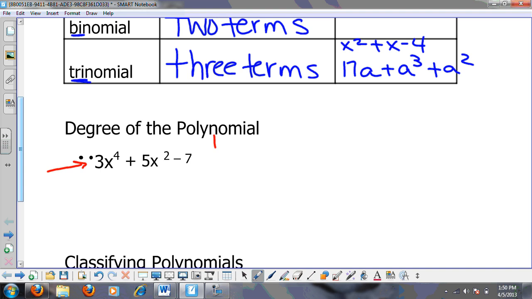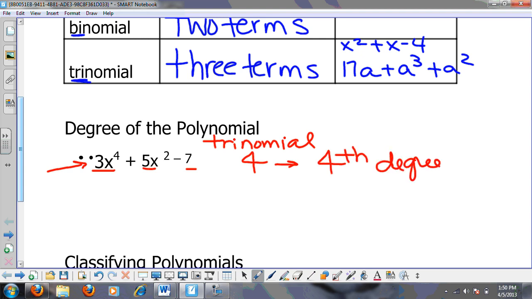This is a trinomial because it has 3 parts: 3x to the 4th, 5x squared, and 7. So when we look at each of those monomials, what is the highest degree of those? In other words, what is the highest exponent that we have here? It is a 4. So this would be called a 4th degree polynomial.